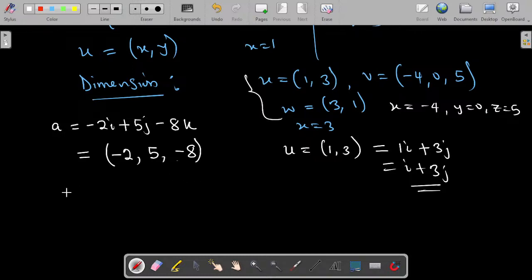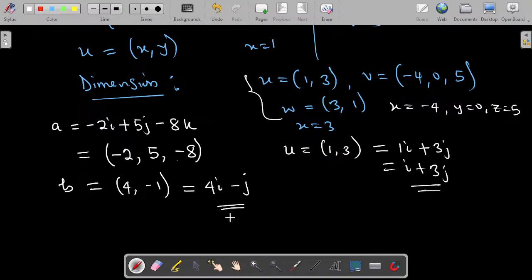Okay, so we can do more examples here. For instance, let's take it that I have vector b as equal to, let's say, (4, -1). So what vector is this in the ijk form? That is going to be vector 4i and then minus 1j, and 1j can be written as j only.